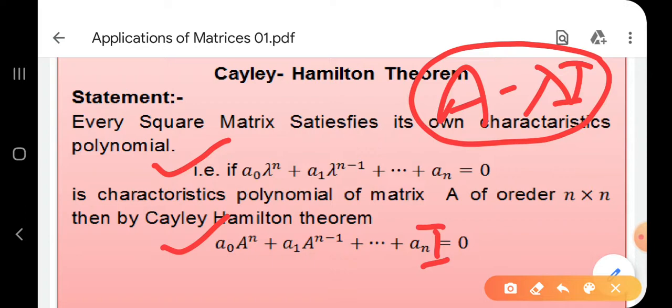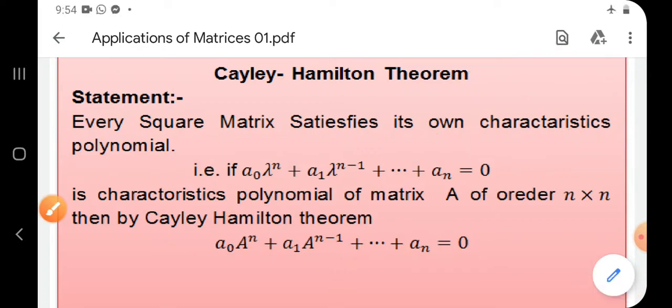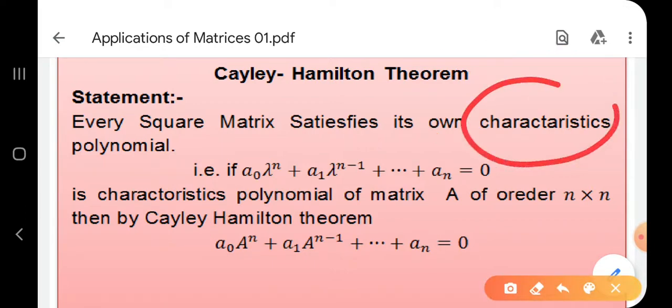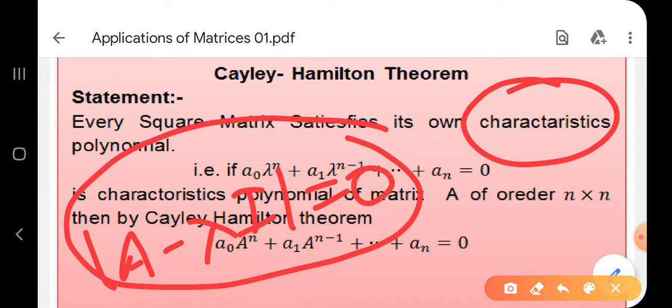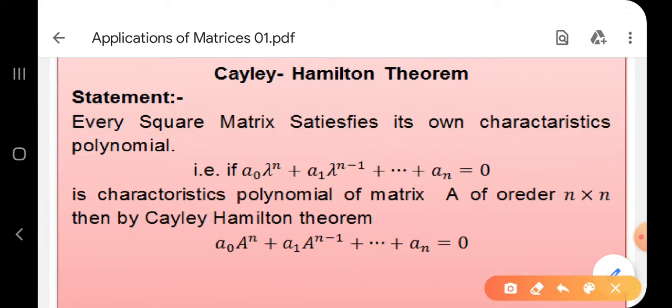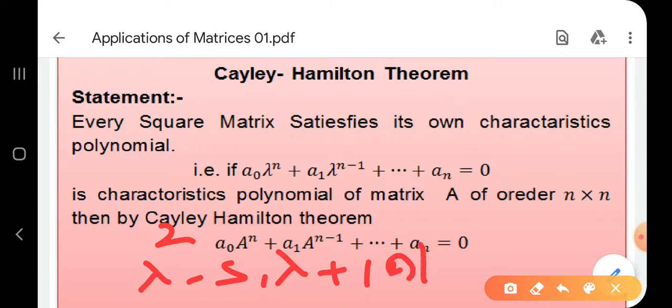Just keep in your mind, we need here the characteristic equation, means determinant of A minus lambda I equal to 0, correct? But we know for a 2 by 2 matrix, what is the characteristic equation? It is lambda square minus s1 lambda plus determinant of A equal to 0.